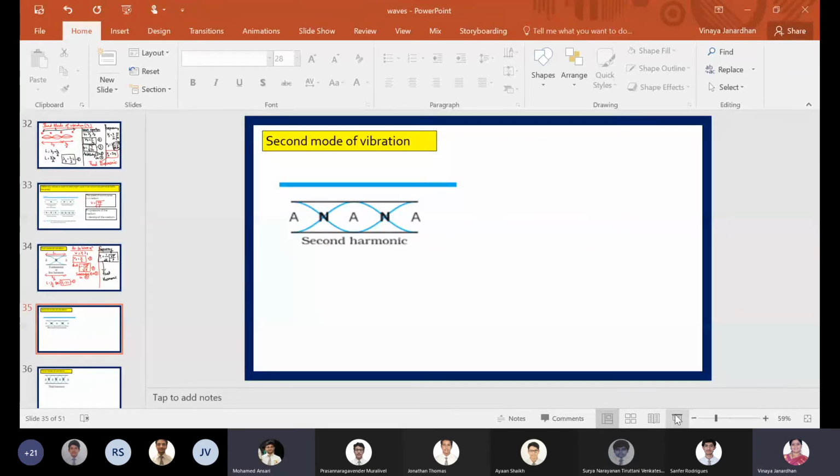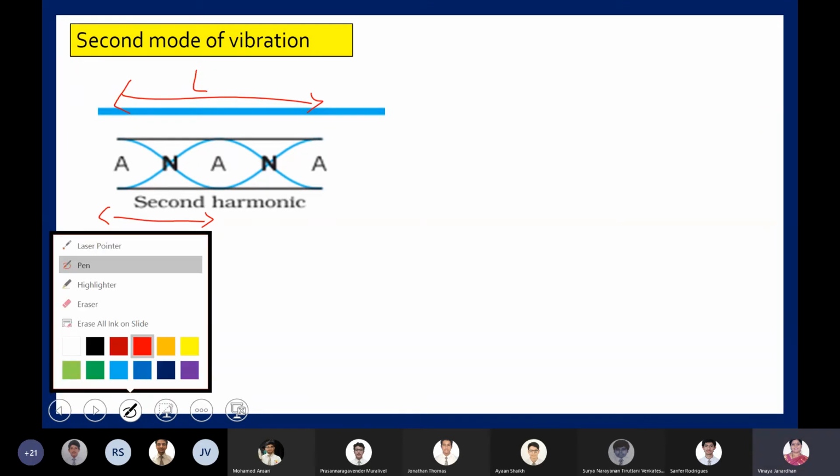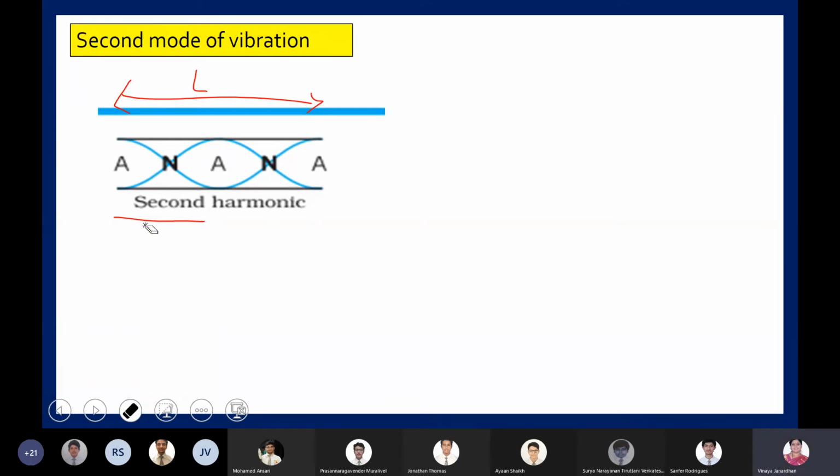Second mode of vibration. The diagram is over here. Now this will be the length of the wire. It is between three antinodes. This is just the wavelength, so that is lambda 2. So L is equal to lambda 2.